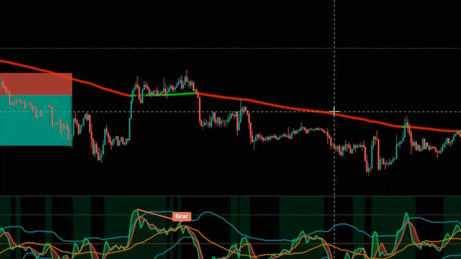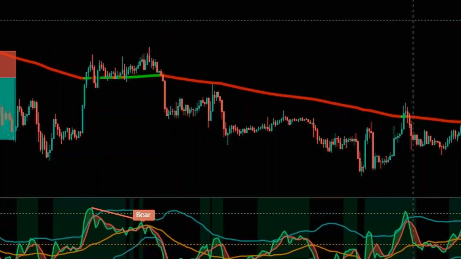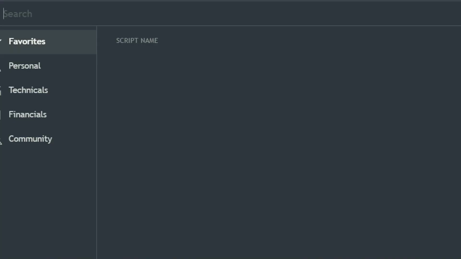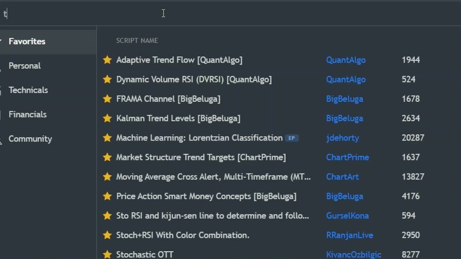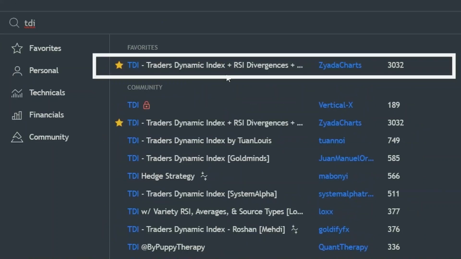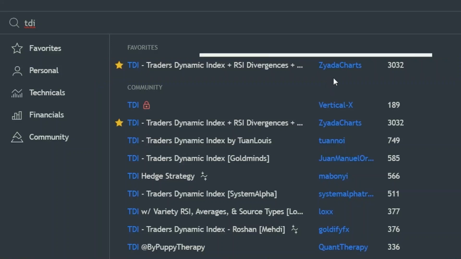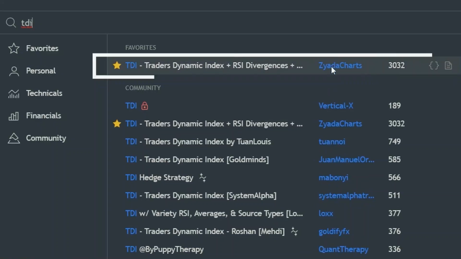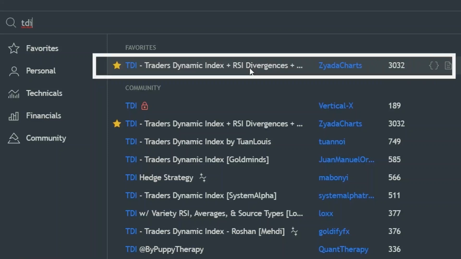So the second indicator: go to the indicator section and search for TDI, Traders Dynamic Index plus RSI divergence. It is made by this particular guy, Zida chart. You click it and add it to your chart.